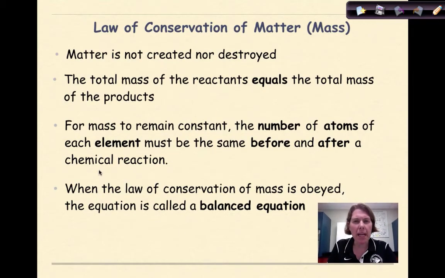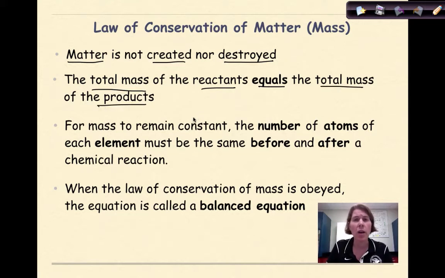So before we get into balancing, let's talk about the law of conservation of matter, or the law of conservation of mass. Really, what is the definition of this law? The basic idea behind this law is that matter is not created nor destroyed. So technically, in a perfect world, whatever we start with, we should end with, or at least be able to account for. So what does that mean? Well, it means the total mass of the reactants needs to equal the total mass of the products.